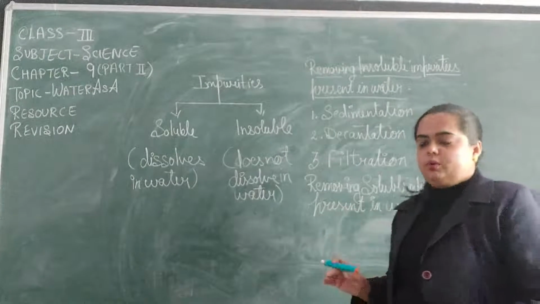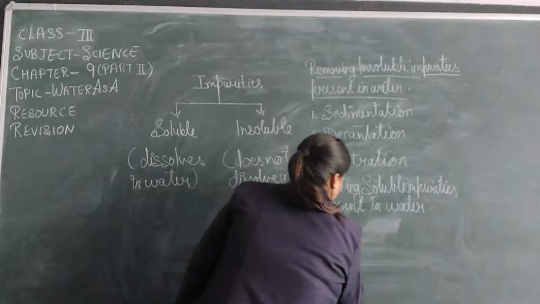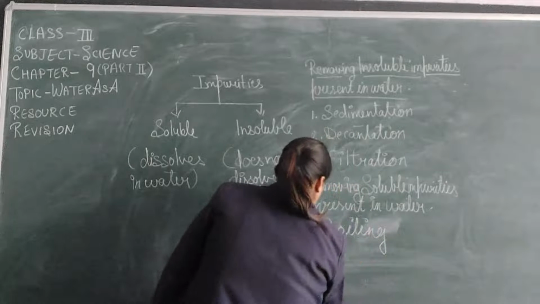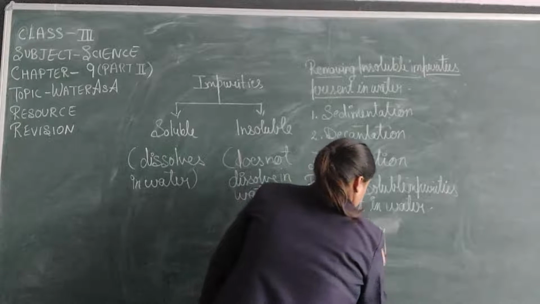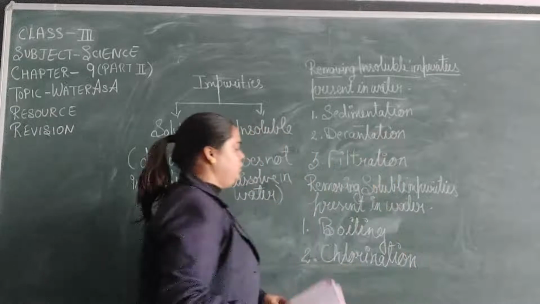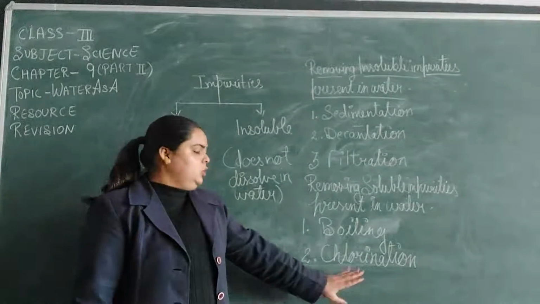Children, soluble impurities can be removed by boiling and by chlorination. We have two methods. The first one is boiling and the other one is chlorination.